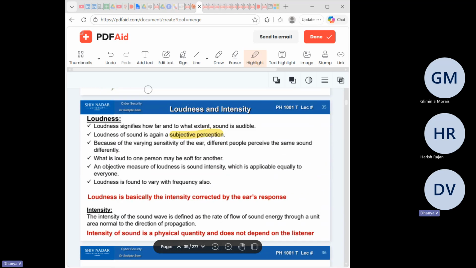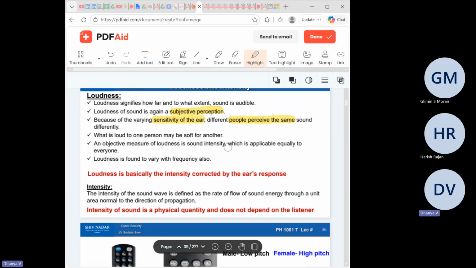And as I said before, loudness signifies how far and to what extent the sound is audible. So it's again a subjective perception. It depends on the sensitivity of the ear and how different people perceive the same sound differently. This is what loudness essentially is.